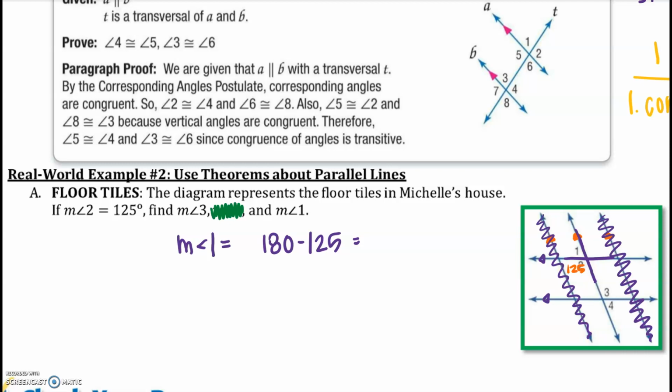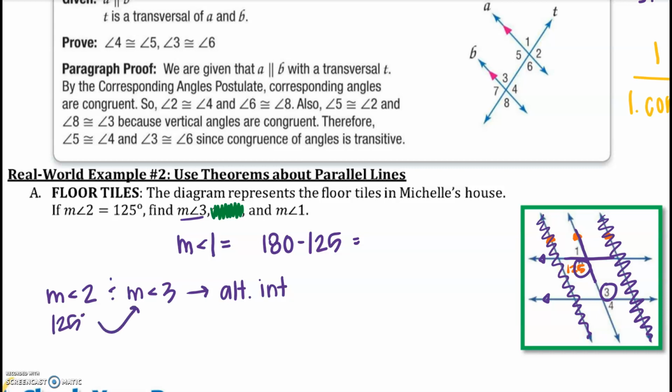All right, and then the other one I need to do is 3. The measure of angle 2 and the measure of angle 3 are alternate interiors. So I know if 2 is 125, I also know that the measure of angle 3 is 125 because of your alternate interior angles theorem.